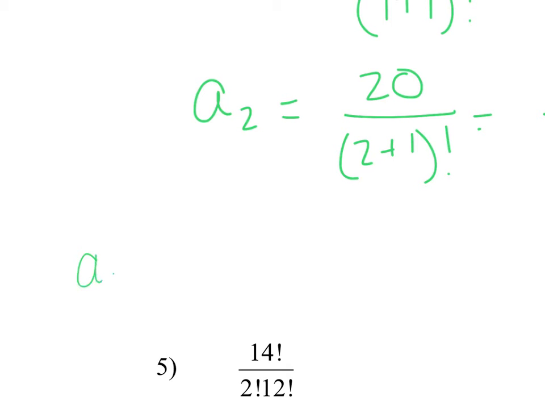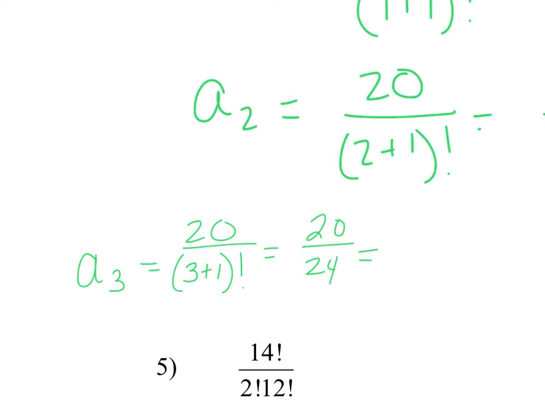A sub 3 will look like 20 over 3 plus 1 factorial. 4 factorial will be 4 times 3 factorial. So that'll end up being 24. So this is 20 over 24, which we can simplify to 5 over 6.